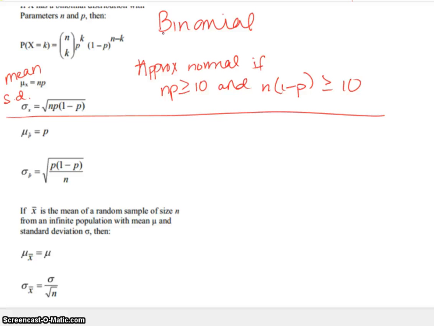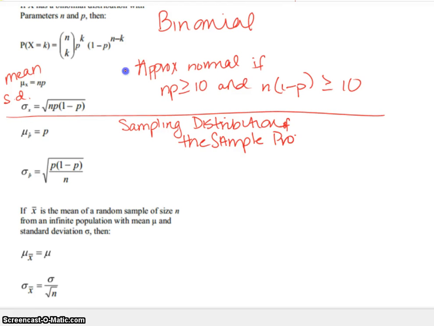Similar, this is going to work the same way for the sampling distribution of sample proportions. So these two formulas here are for our sampling distributions of the sample proportion, which is p hat.